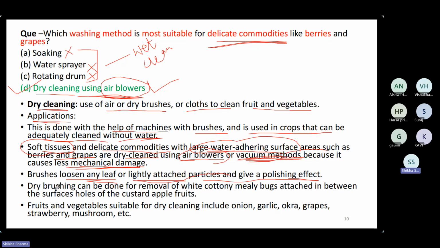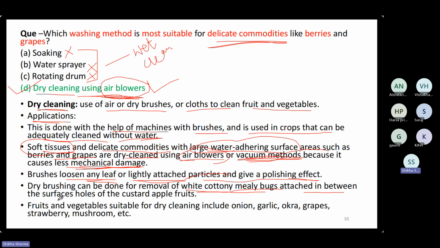Dry brushing can be done to remove white cottony mealy bugs. Sometimes we have seen a white cotton-like thing on the fruit or vegetable surface, so we can remove that with the help of a simple brushing method.